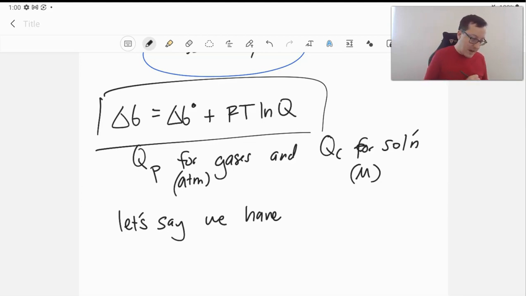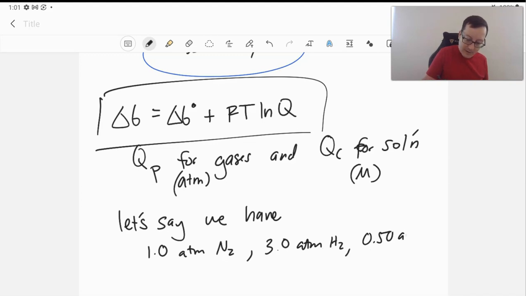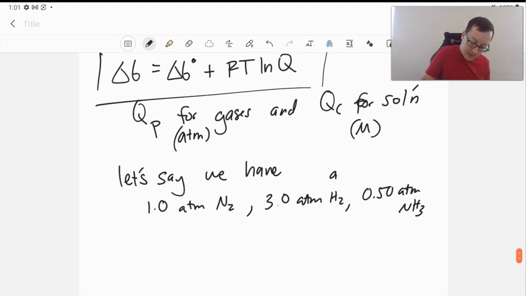All right, so let's say we have 1 atmosphere of nitrogen, 3 atmospheres of hydrogen, and 0.5 atmospheres of ammonia. This is from our book. We're at 25 degrees Celsius. Let's calculate what delta G will be at this point in the reaction.